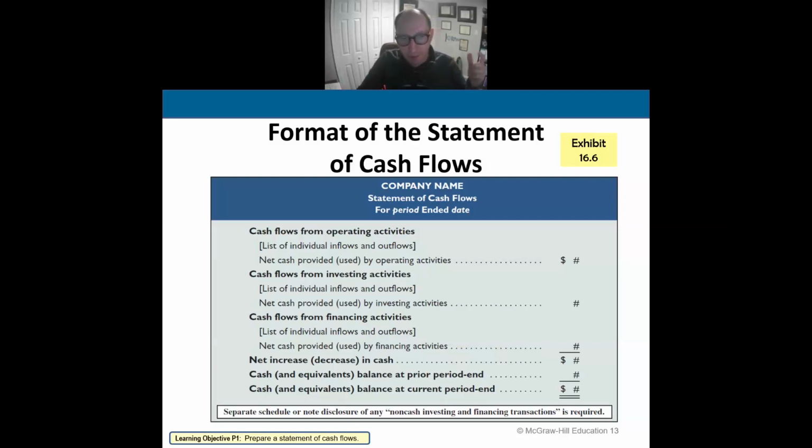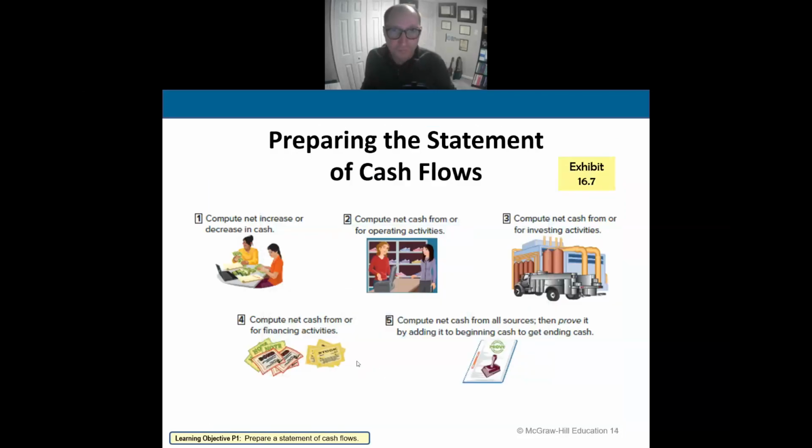And then what we do is we add or subtract to get a change in net cash flow. Plus cash at the beginning of the period equals cash at the end of the period.